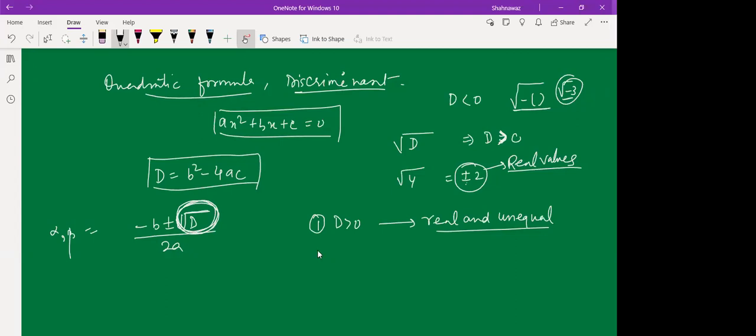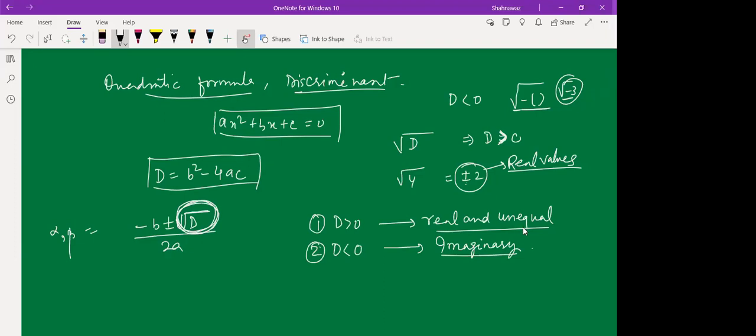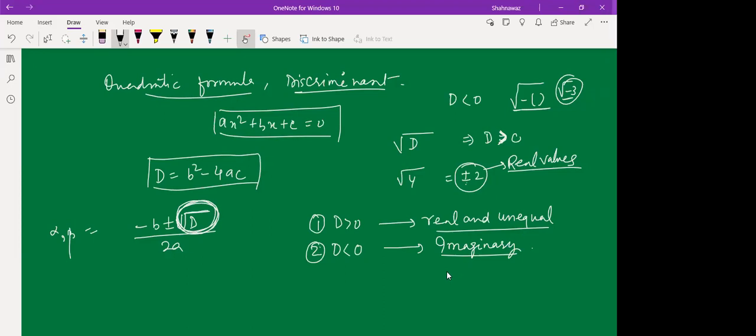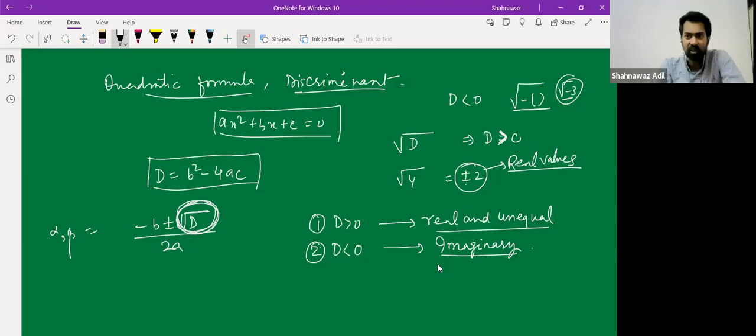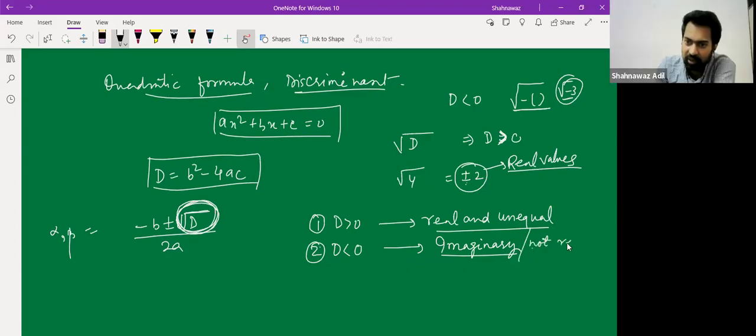So if D is less than 0, this will give imaginary roots, not real. Yes, Rizwan.